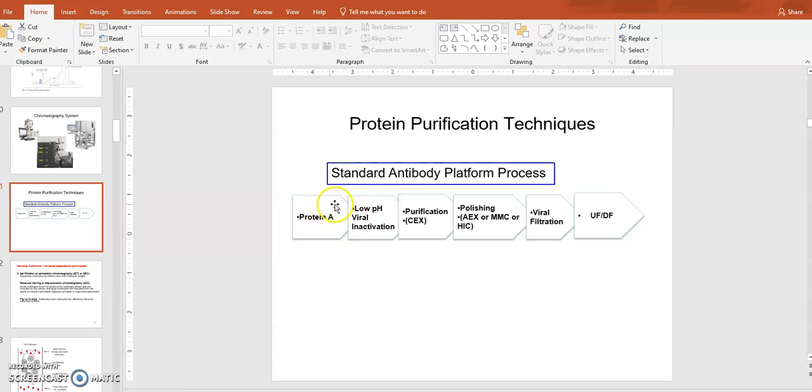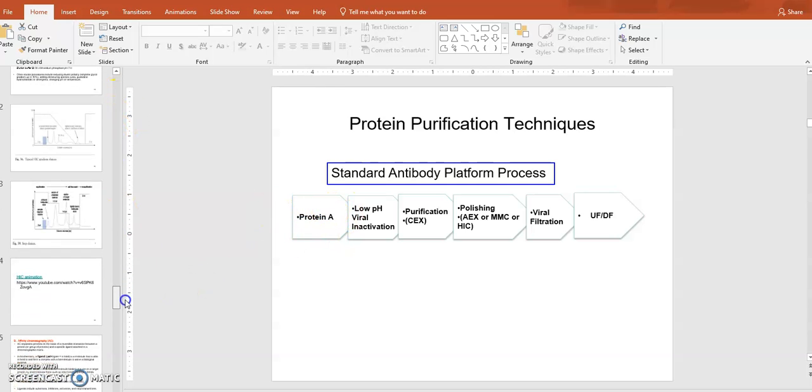That's the capture chromatography. Then purify: if there are still other proteins you don't want, get rid of those. Polishing removes the small amount of isoforms that are there, using 3 different chromatography methods. But the major chromatography that removes most of the unwanted protein, and captures your target only, is this one, protein A. So that's why the affinity chromatography method is very important.